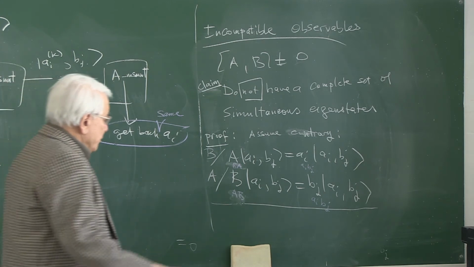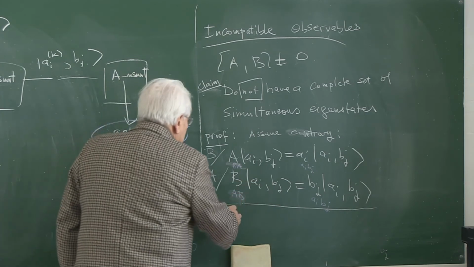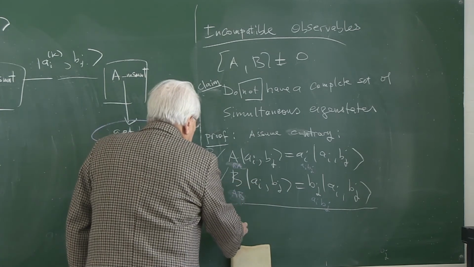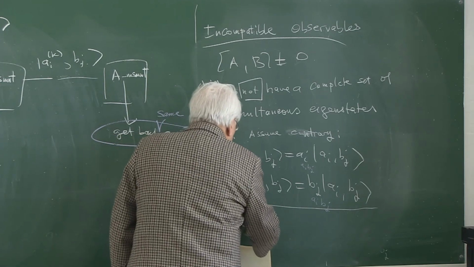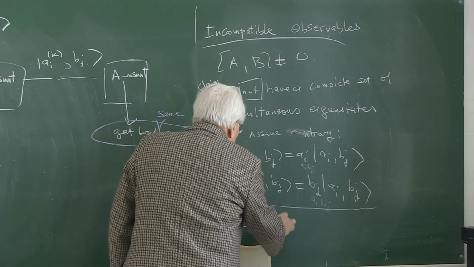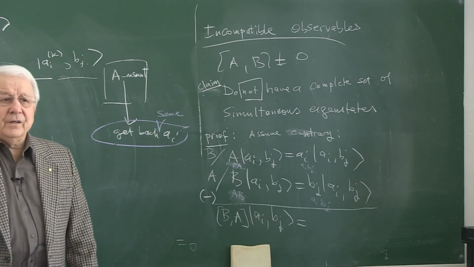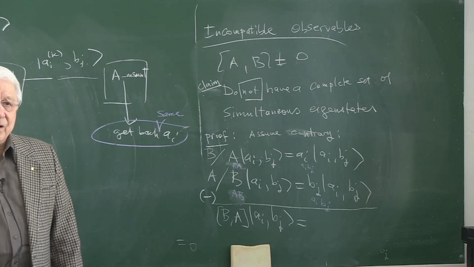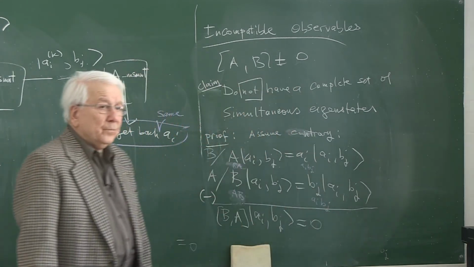And then when you subtract these equations side by side, left-hand side is the commutator of B, A acting on AI, BJ. Right-hand side is AI, BJ, or BJ, AI. They are just numbers and they are the same. Right-hand sides are the same, so you get 0.